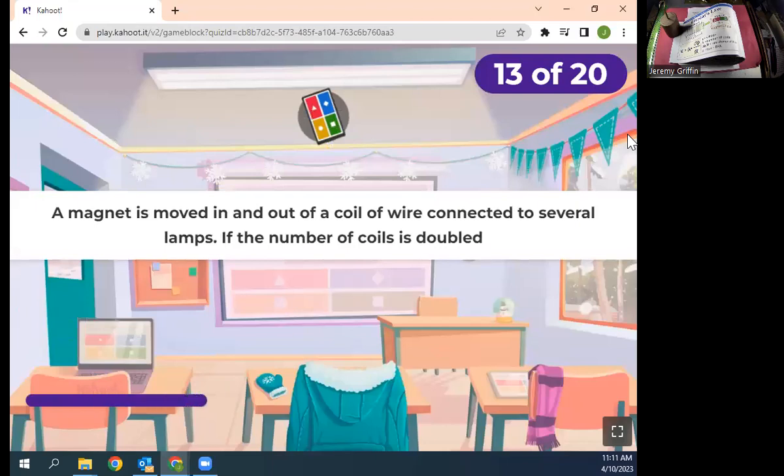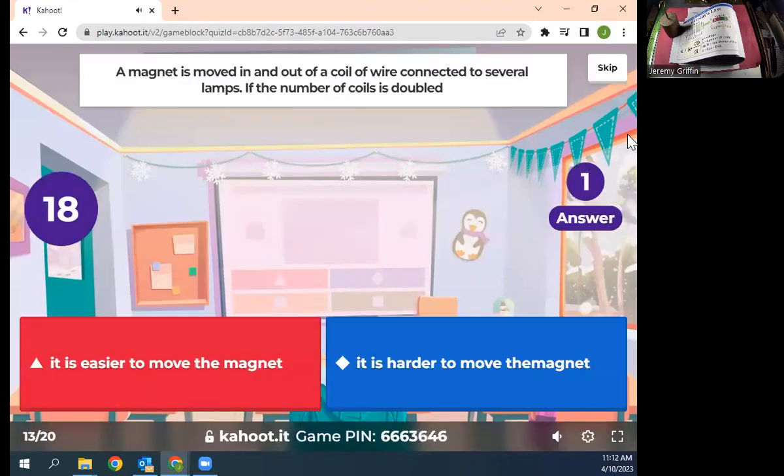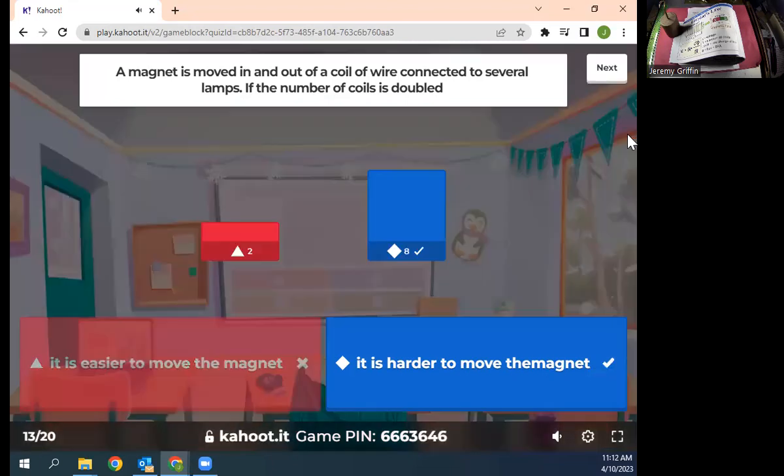A magnet is moved in and out of wire connected to several lamps. If the number of coils is doubled, it is harder to move the magnet.